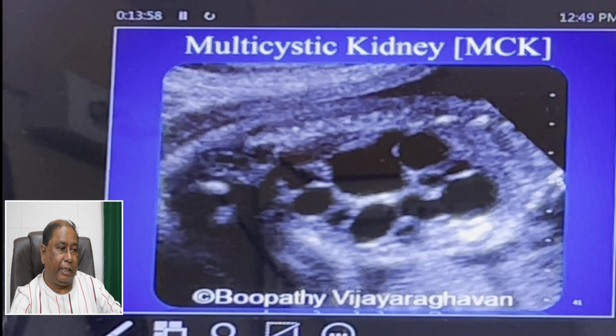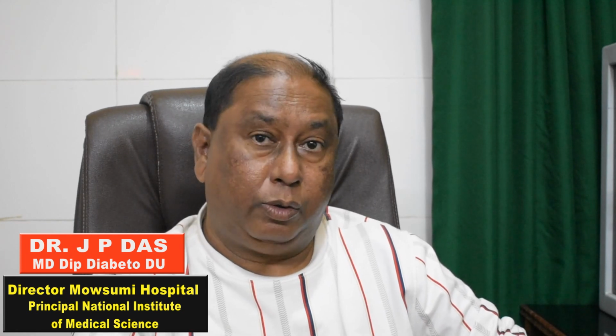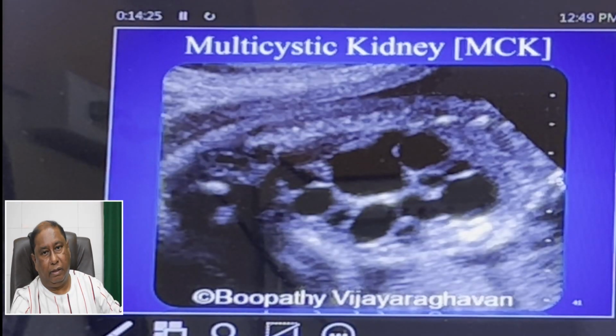The disease is characterized by an enlarged kidney with cystic areas. These cystic areas may be similar in size to adult polycystic kidney disease. However, there is a significant difference between the two. Multicystic kidney is usually unilateral, and polycystic kidney is generally bilateral. Remember this.